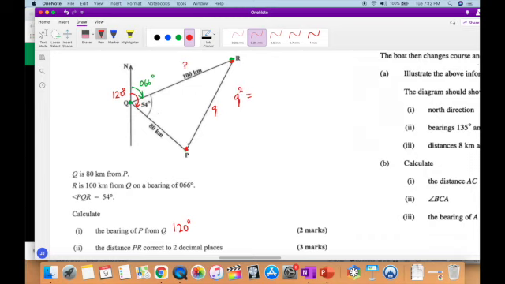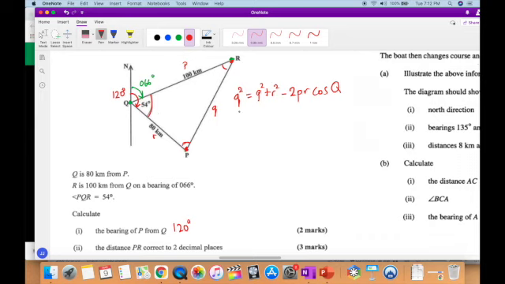This side is P, because this is the angle P, and this is the angle R, so this side is R. So Q squared is equal to P squared plus R squared minus 2PR cos of that angle Q. Even though I change up the letters, do you all understand what I did? Yes, sir.